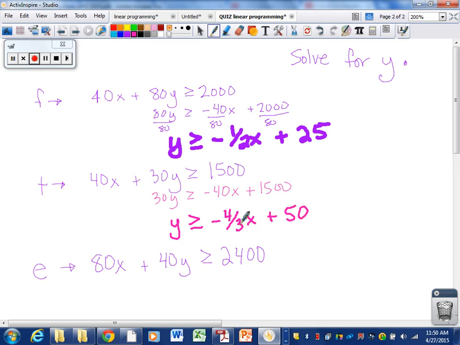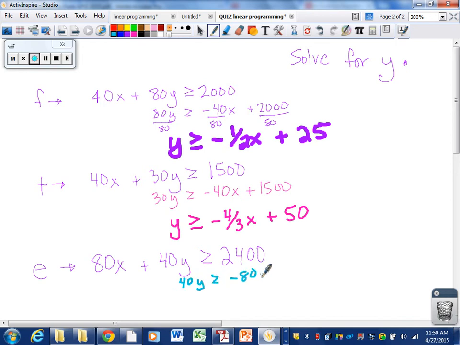Okay, 4/3 because we want to graph them, so we want to go down 4 units, right 3 units. Not 1.33333, even though that's what this is as a decimal. Leave it as a fraction when we're graphing. And the last one, we'll subtract the 80x from both sides.